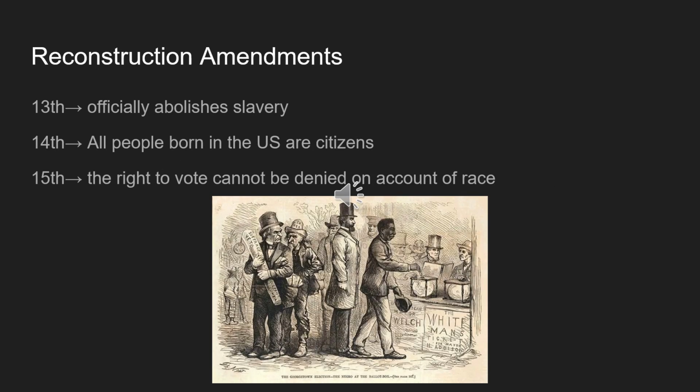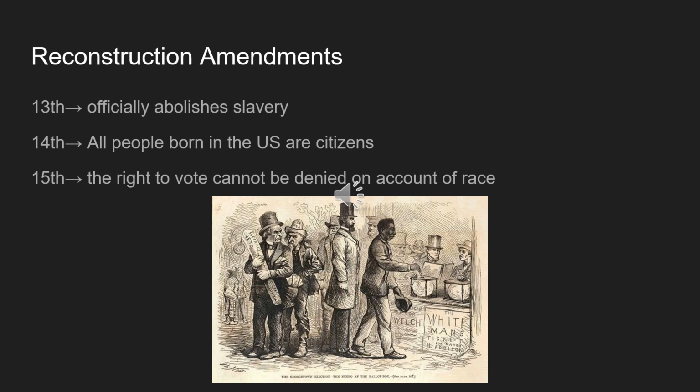I do also want you to know your amendments. If I had to guess, I would say that they would give you an excerpt and have you connect the amendment. So you should have a basic idea of what each one does. The 13th abolishes slavery completely. Not just in the rebelling territories, but everywhere in the United States, slavery is done.